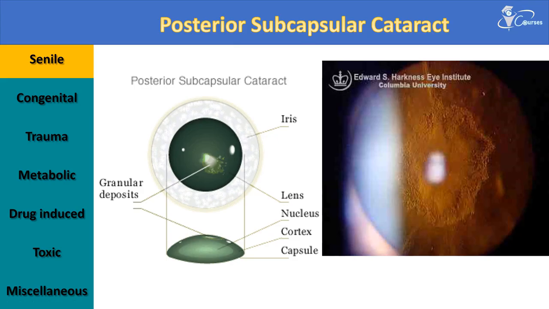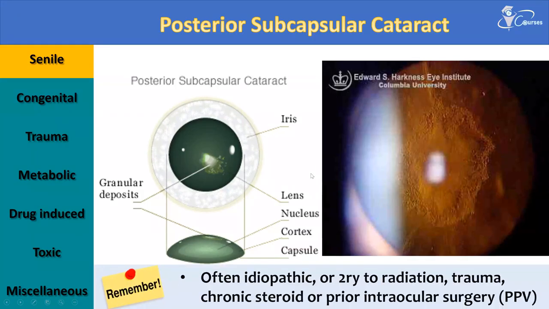They interdigitate with the lens fibers and cause these granular, opalescent opacities. These are irregular, refractile, crystalline opacities usually present in the central posterior pole, and that's why they affect the vision, because they are present in the posterior pole.